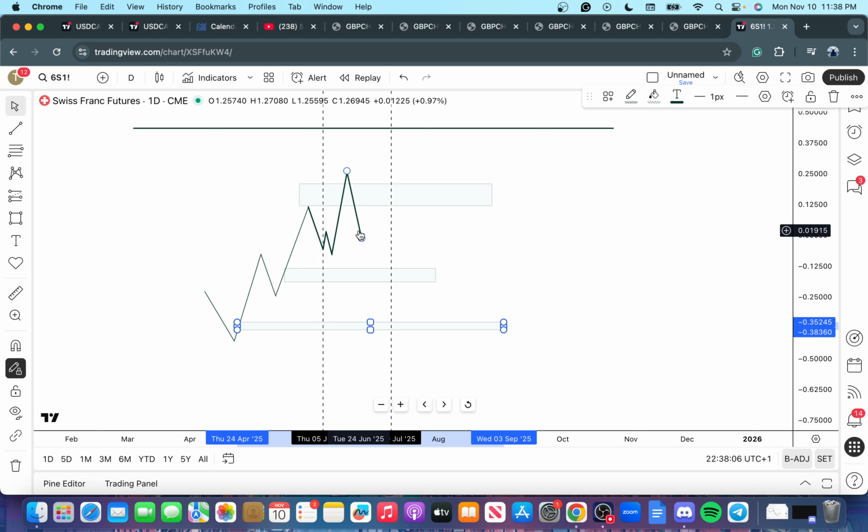A high probability delivery expansion is an expansion that does not want to return back to previous dealer ranges. It wants to seek new dealer ranges because it needs that sponsorship. That's what we want to see for hyperbolic expansions, right?